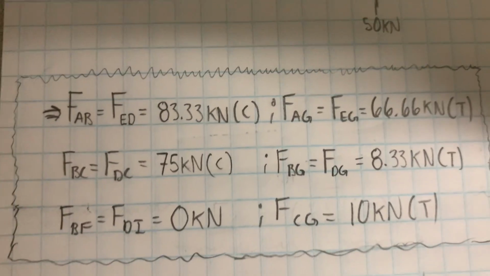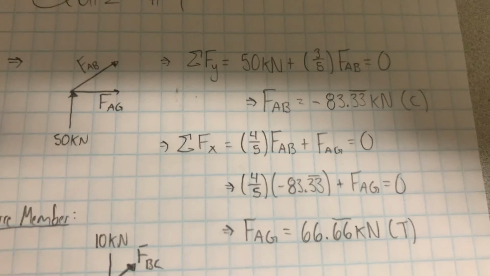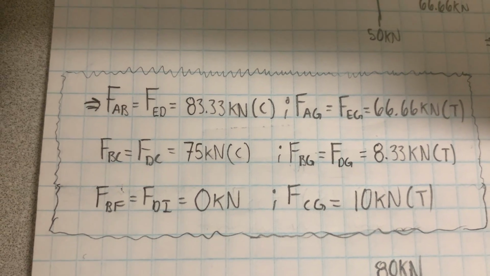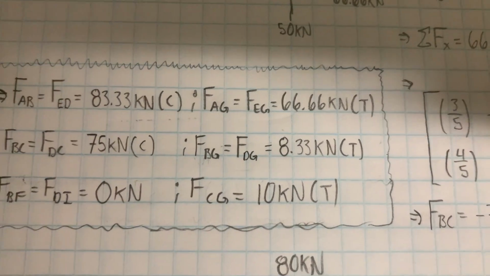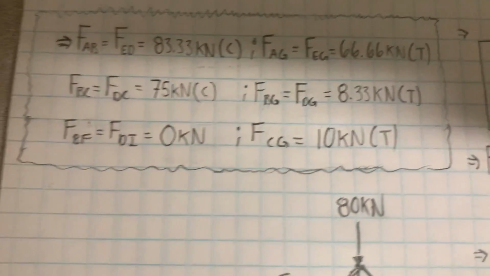And then FAG is equal to FEG, which we solved from that very same section. FBC and FCD are the same. Those are going to be in compression. FBG and FDC, that's 8.33 kilonewtons, which is in tension.